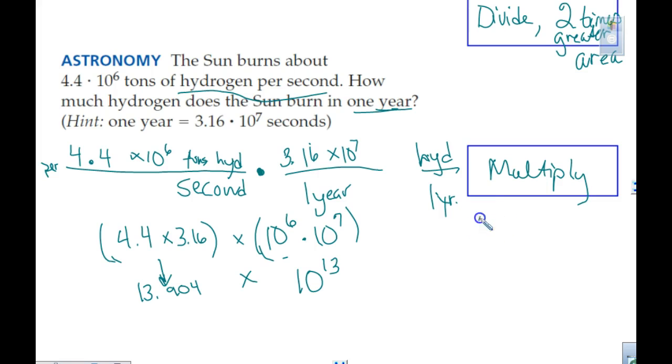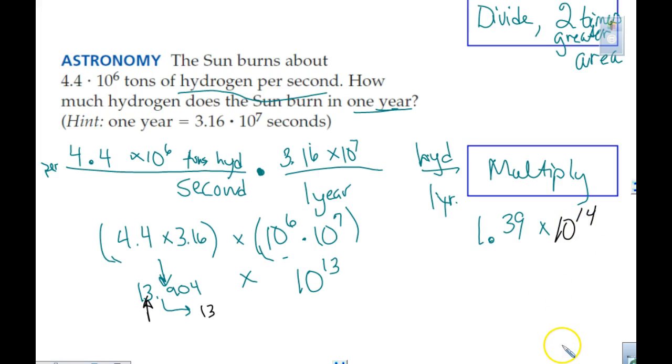And our final answer would be 1 point 39, to what power, Jordan? I move it here. To the 14. It was 13. This is telling us to move it 13 places. We have to move it 1 more, so times 10 to the 14.